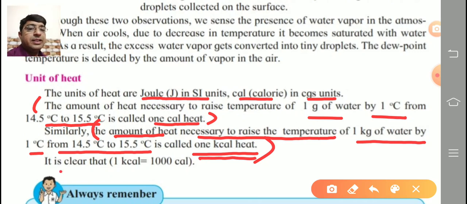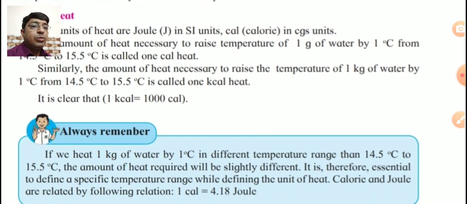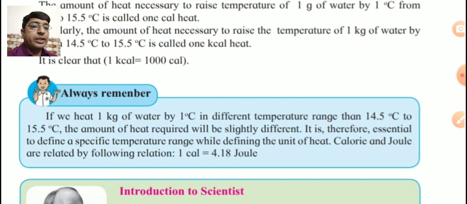One relation is given. It is clear that 1 kilocalorie means 1000 calorie. So define 1 calorie heat, define 1 kilocalorie heat, what is the SI unit of heat, what is the CGS unit of heat, and 1 kilocalorie means 1000 calorie. All these points you remember.